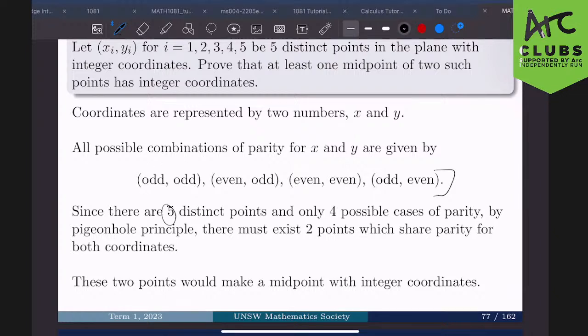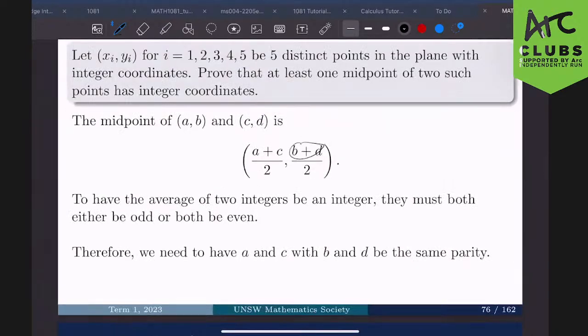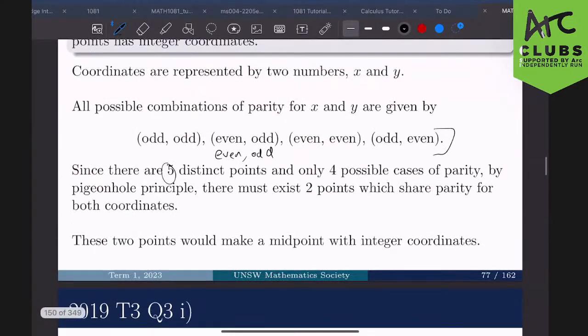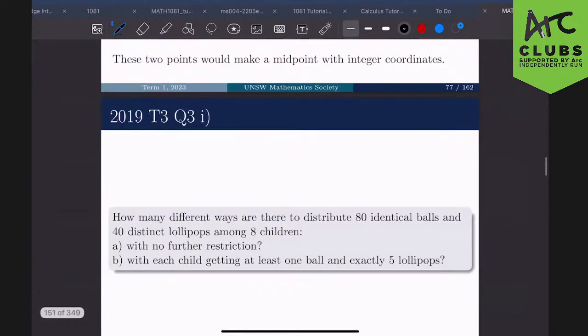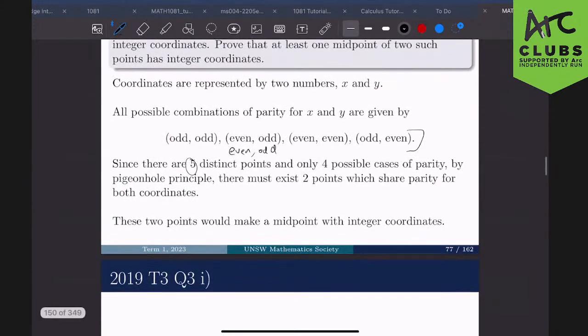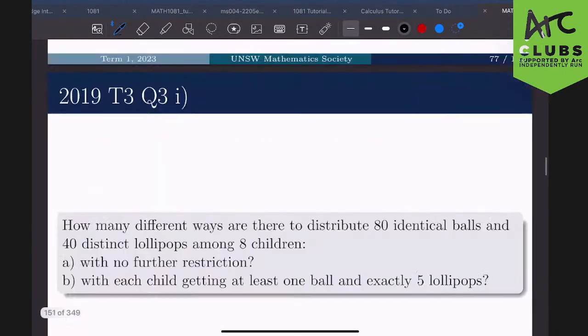Like the 5th point will be even-even or odd-odd, in which case if we go back to this, that will be an integer. So I think you should understand that. It's just 4 possible cases.